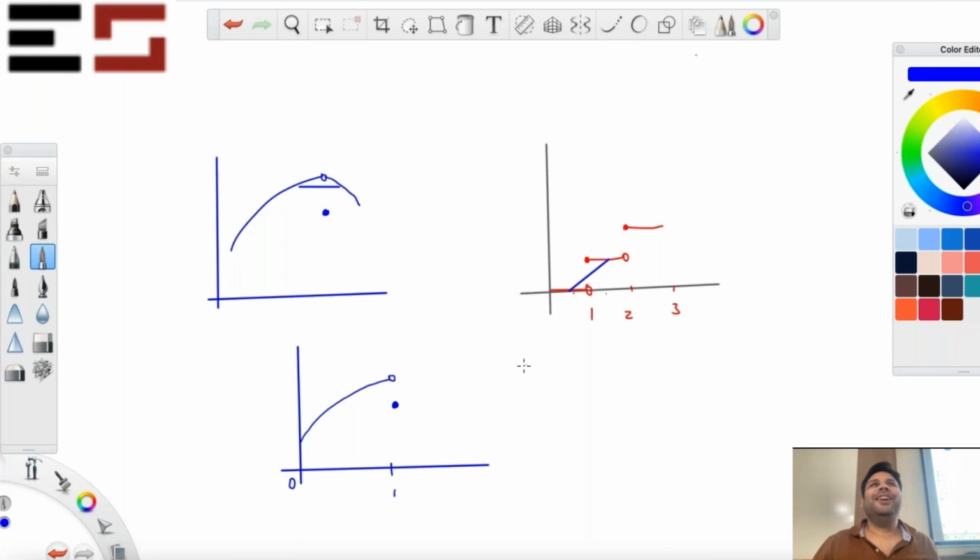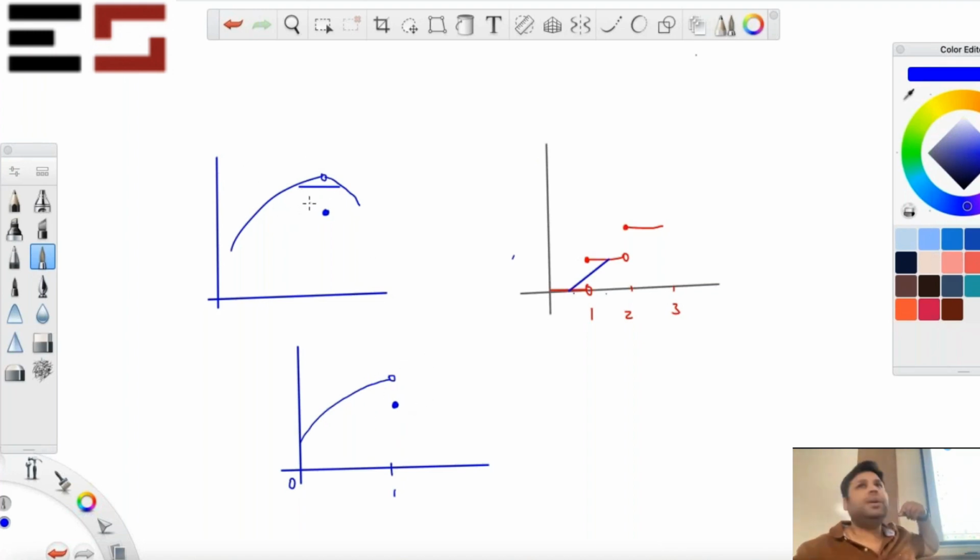Is that okay? Yes or no? So on the closed interval 0, 1, you can have discontinuous concave functions. Now let's just check. No matter where you pick any two points on the graph, the line segment connecting them will lie below the graph or on the graph. Just check this for this particular function, defined on the closed interval 0, 1.